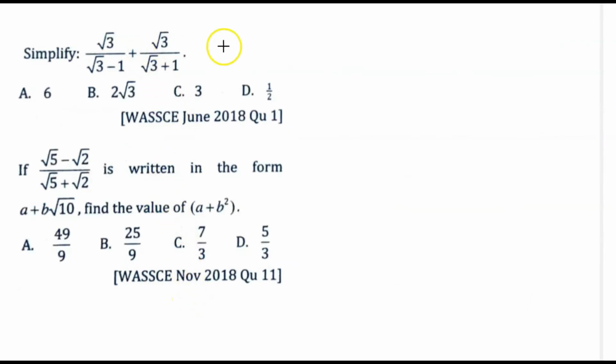Going further, we have more other examples like this. We are to simplify root 3 all on root 3 minus 1 plus root 3 all on root 3 plus 1. Per this question, we need to find the LCM.